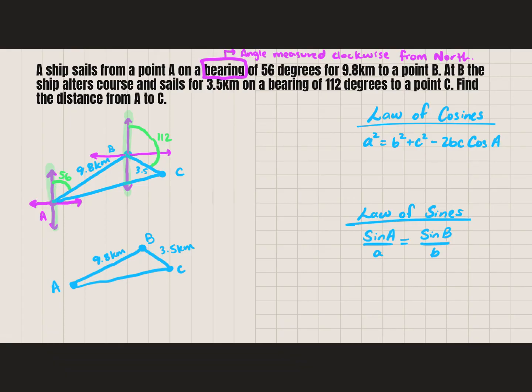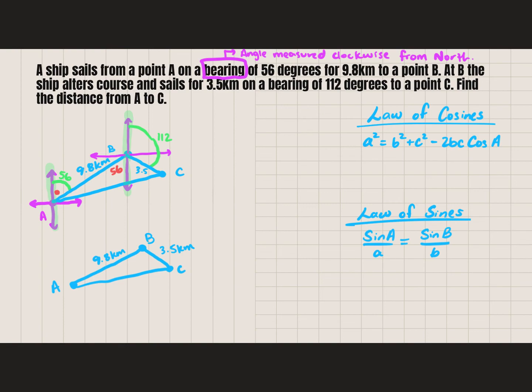And what happens when you make that a transversal is you end up with something called alternate interior angles right here in orange and right here in orange, which means that little angle inside my triangle between the blue line A to B and this purple south where I had my orange dot must also be 56 degrees because alternate interior angles are congruent.